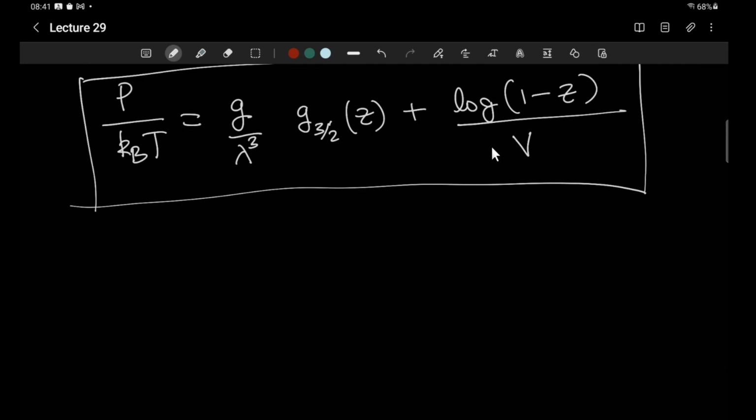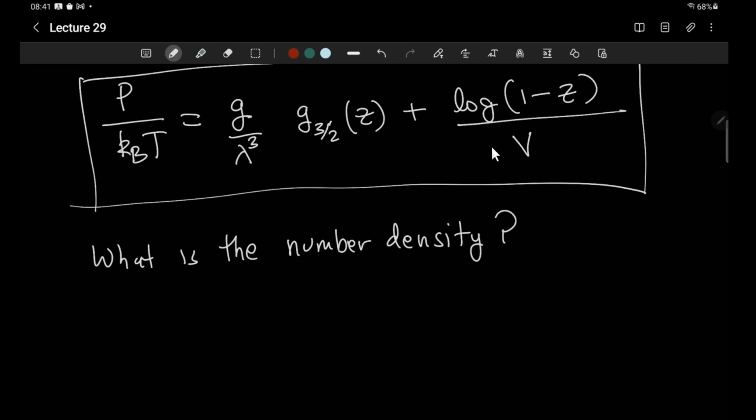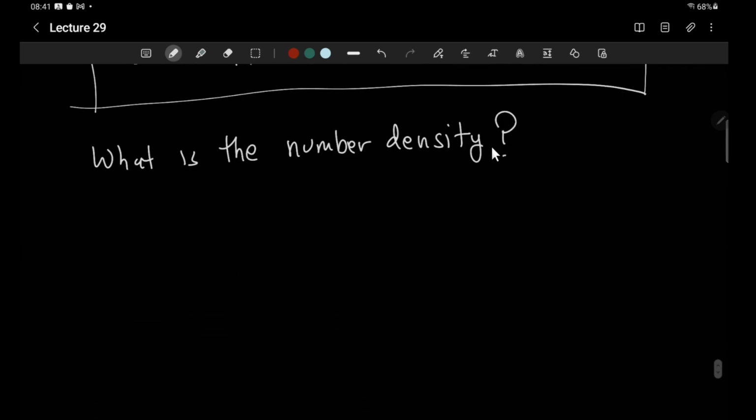Now we also want to work out the number density. So the way we would do that is to go back, and n is, up to factors, d log Q by d mu.